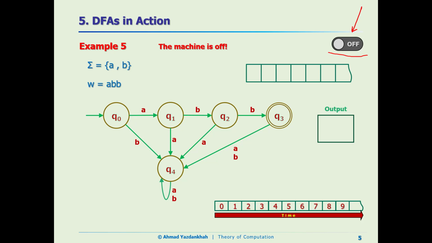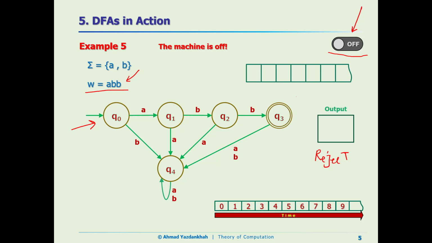What will be the starting configuration? The goal is to input ABB into this machine and trace it. Just to review, what is the output at the start? We learned that the output starts from reject.